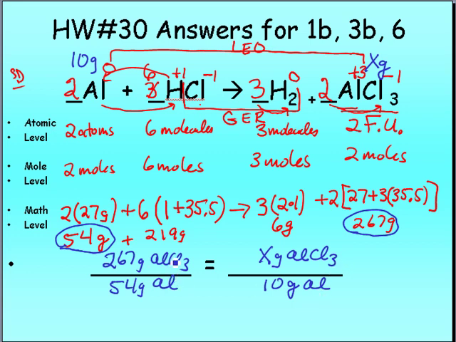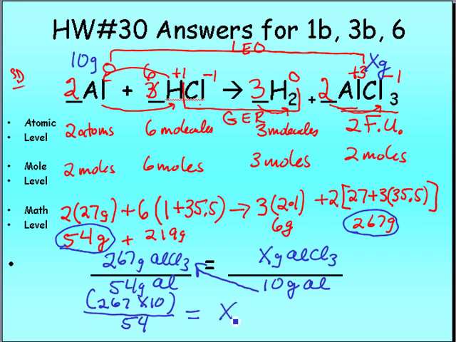Notice there are 4 possible numbers and we know 3 of them. To solve this, all we have to do is cross multiply. So we get 267 times 10 divided by 54, and that is going to equal x.